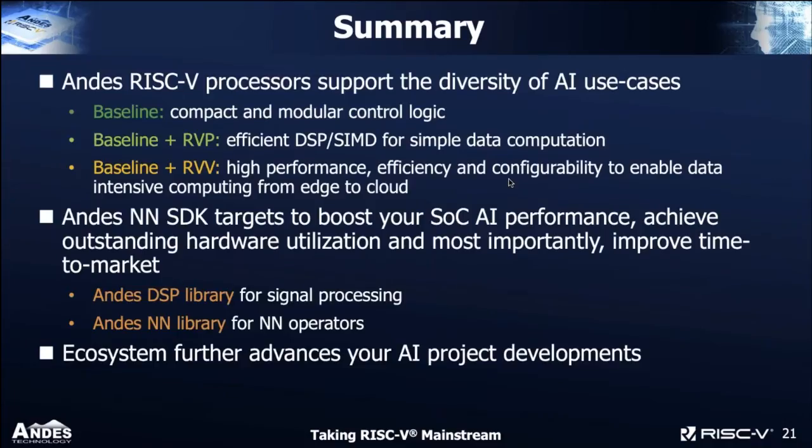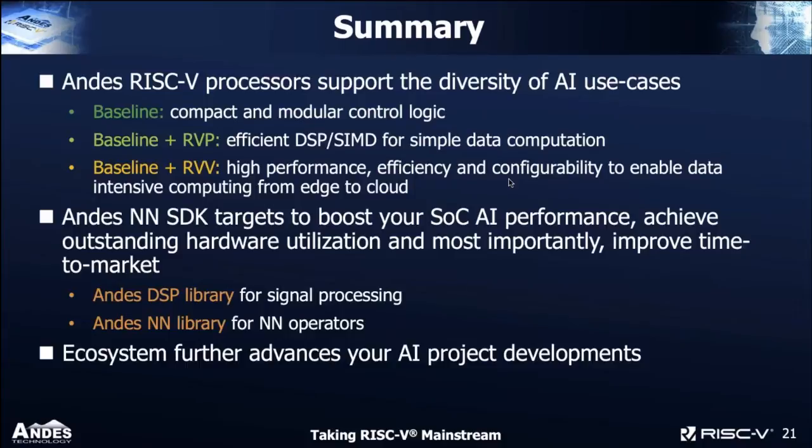So in summary, our RISC-V processors support a variety of AI use cases, from a compact baseline for control, SIMD DSP for data signal processing computations, and then the vector unit for even higher performance, efficiency, and configurability.